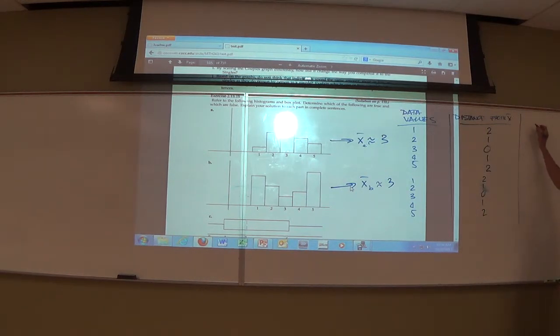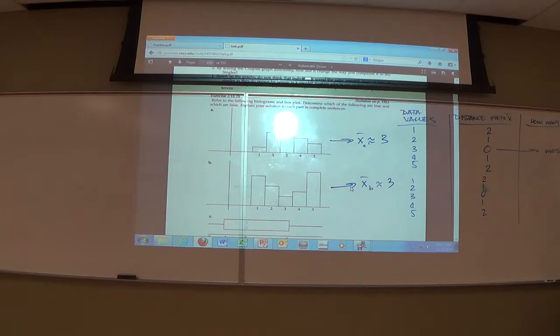Now, how many data points are there for each of those? Here's what you have to think about. In this data set, most of the data is at the 3, isn't it? Yes.